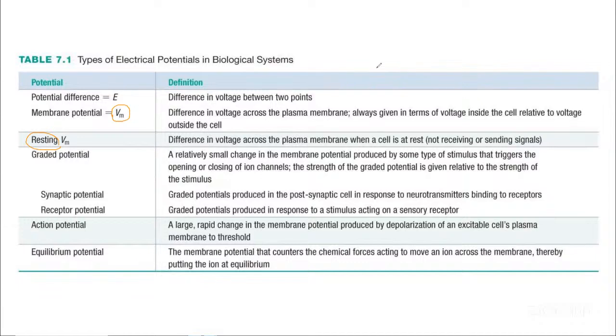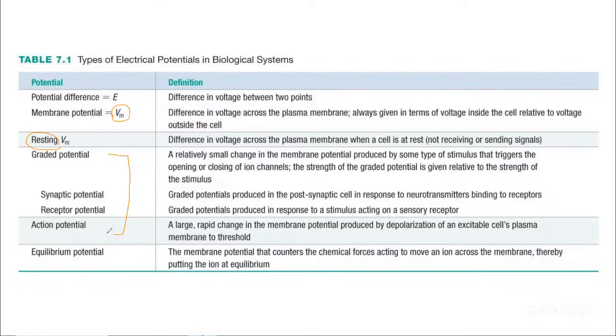So that -70 number is going to go up, and it's going to come back down in response to the signal coming in or in order to send signals out of the cell. We'll talk about graded potentials, which are basically responses to signals coming in, and the action potential is going to be the main way we send signals out.